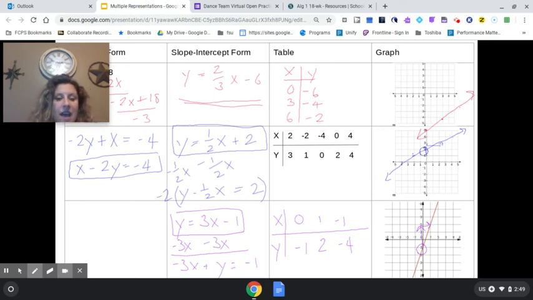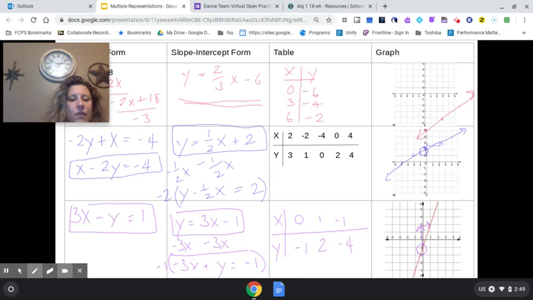And let's go ahead and multiply that whole thing by -1, so our lead coefficient is positive. So -1 times -3 would give me +3x. -1 times that positive y would give me -y. And -1 times -1 would give me +1. So that would be my preferred form for standard.